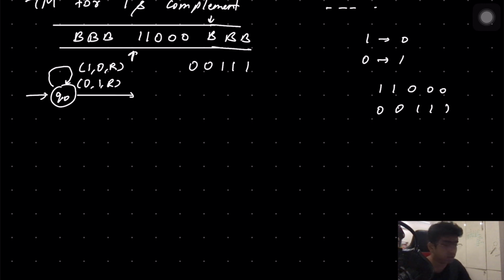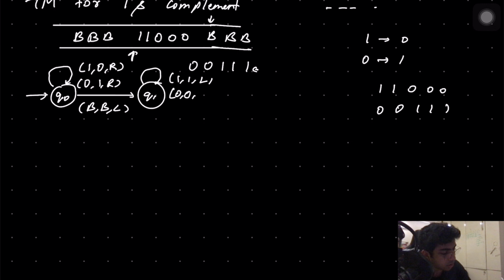But again, it is good etiquette or good notation convention for you to return the pointer or the head to where you started. So when you find the blank, go left and go through Q1, and this time again, if you see a 1, keep it as 1, go left.